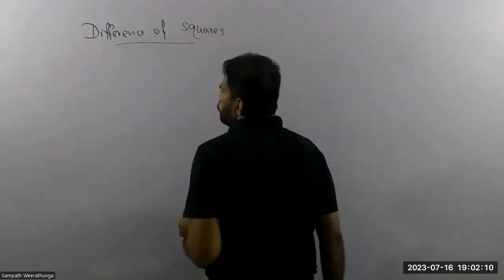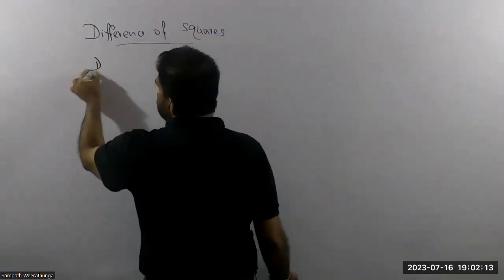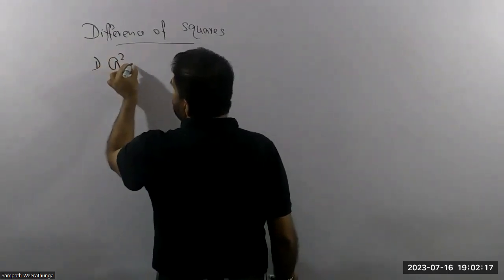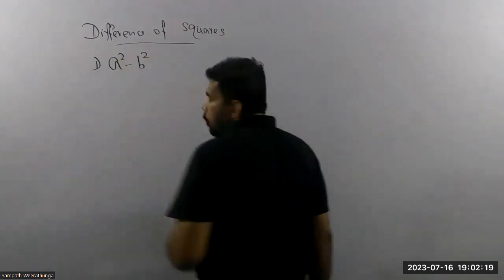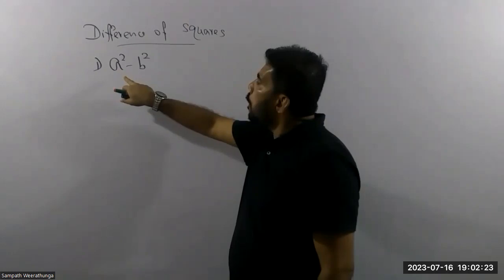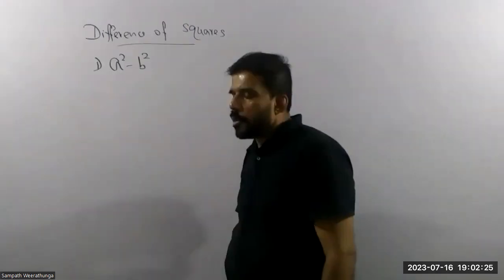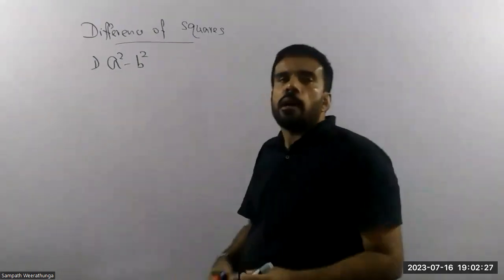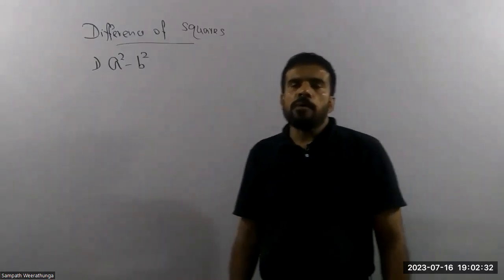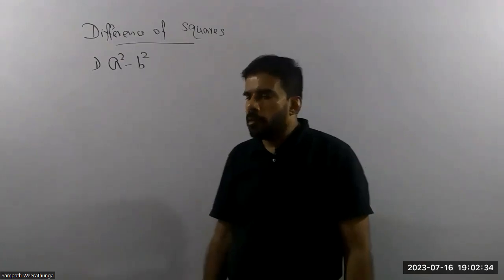We know difference of squares means this nature of equation. If my equation is a difference of two squared variables, then how are we going to solve that, or how are we going to simplify that?